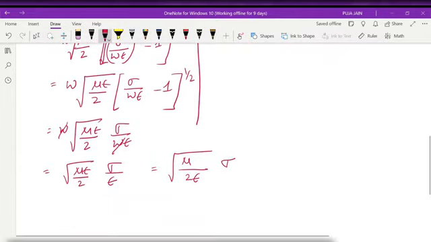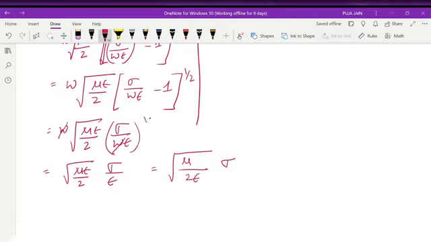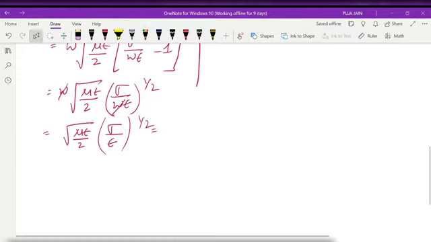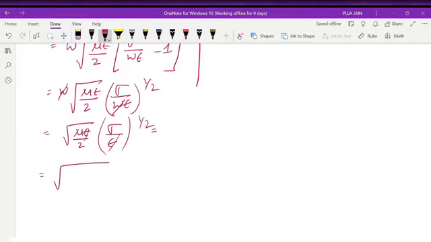Okay, so there is 1 by half over here. So if we do this, this will get cancelled out, so we will get mu sigma by 2. Okay, and there will be an omega here. This omega will not be cancelled out.